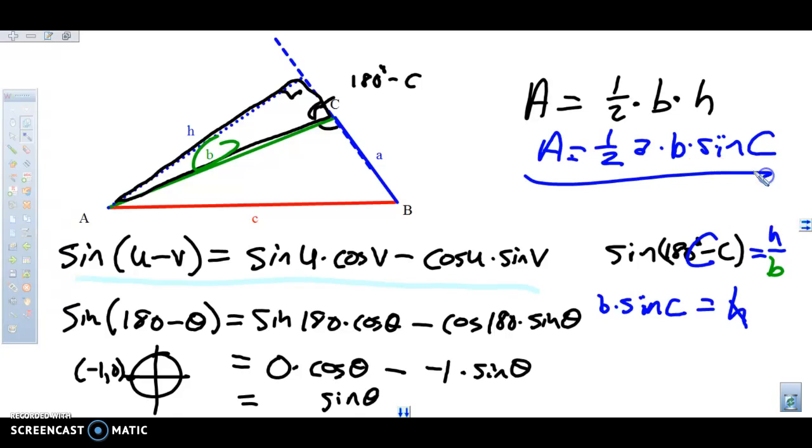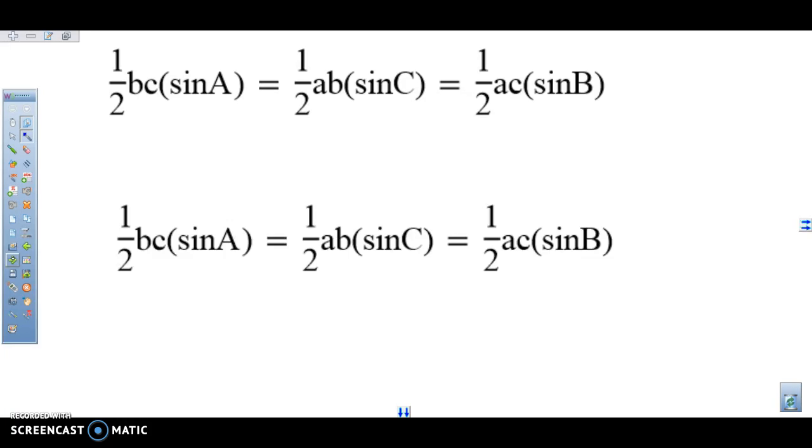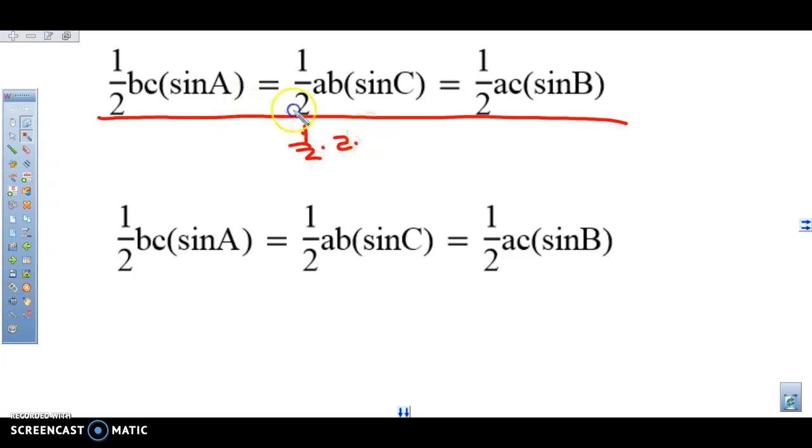And what we've seen is three different representations of the area of the same triangle. Because it's the same triangle, we will call those all equal to the same thing. And now I'm going to divide everything by 1/2 times A times B times C. Now, it begs that we should make sure that's not going to be 0.